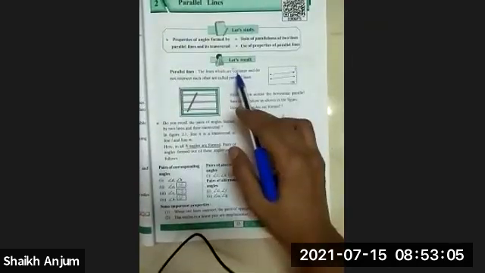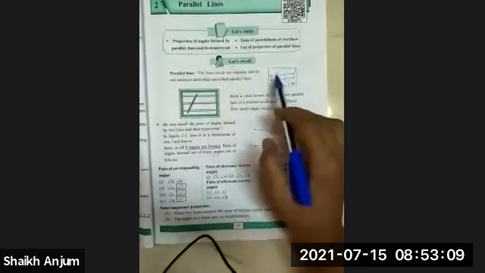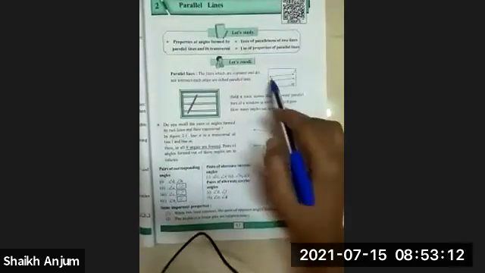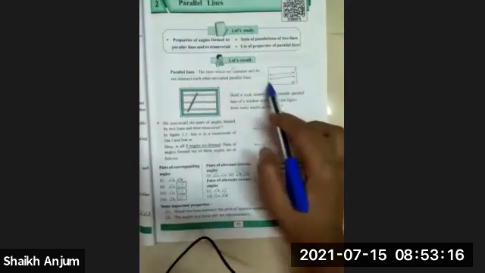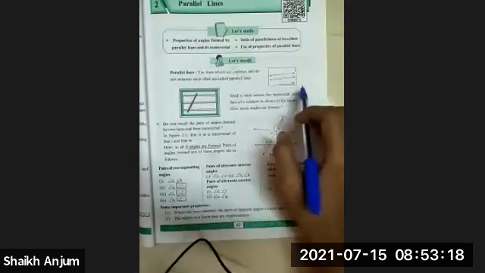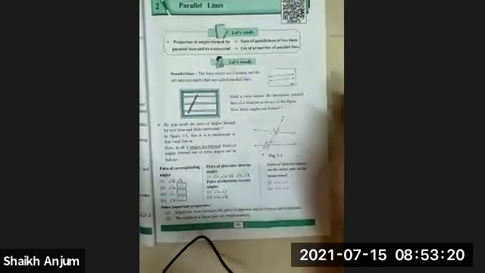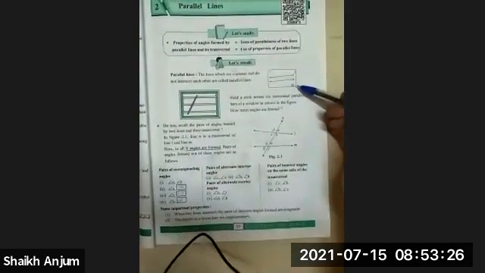Coplanar means the lines lying in one plane. Now here in the diagram, you can see these two lines are in this plane. Okay, plane means any flat surface, and on that flat surface, there are two lines drawn, the line L and line M.